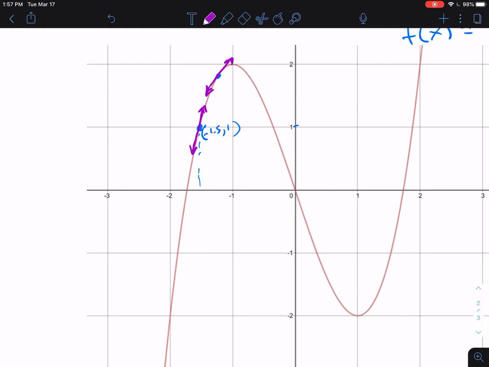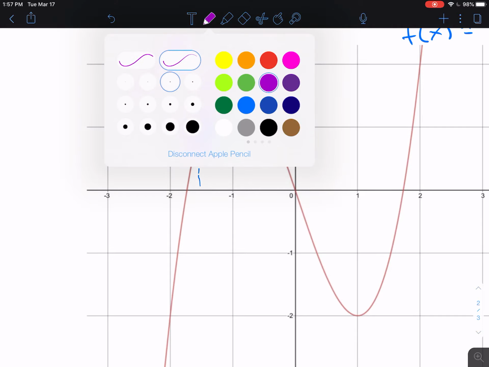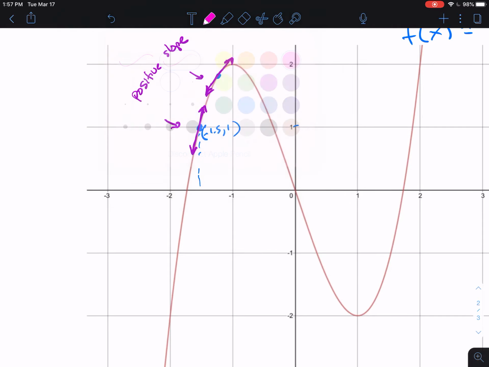This is an indication of positive slope, if you remember that from Math 120. And I want us to take a minute and look at the y values corresponding to each of those points. Here is the y value for that point, and here is the y value for that point. So we go from 1 to maybe 1.8, for example.